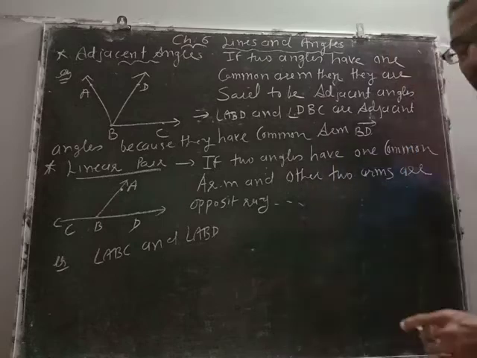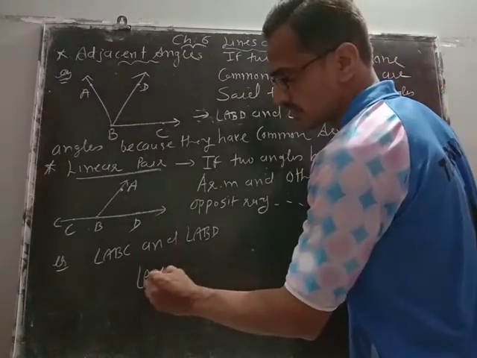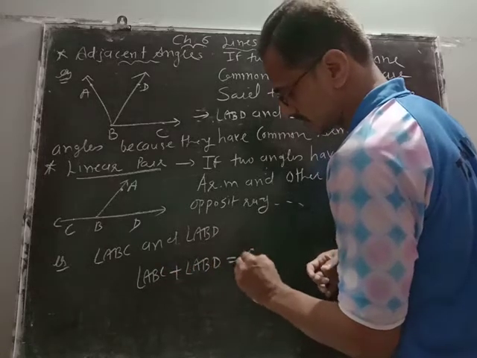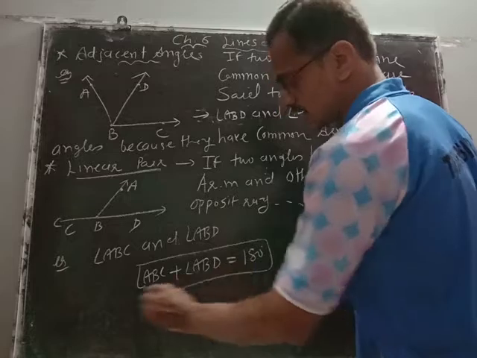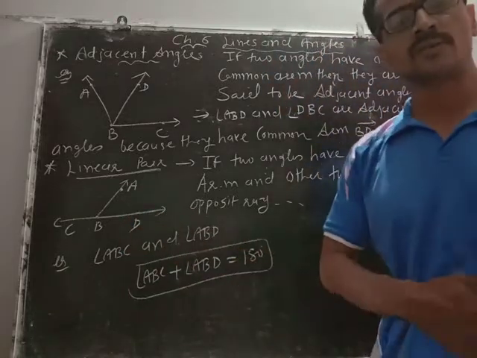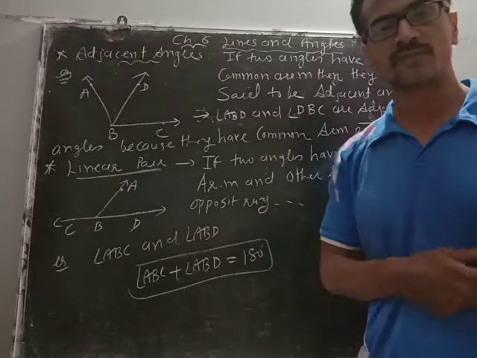The sum of two angles of a linear pair is always 180 degrees. If two angles form a linear pair, then their sum will be 180 degrees. Okay, go through these definitions.